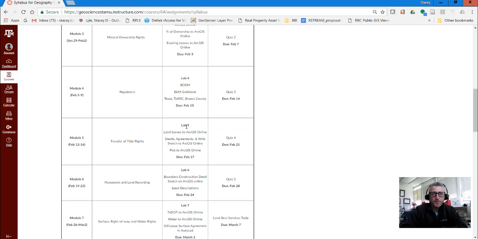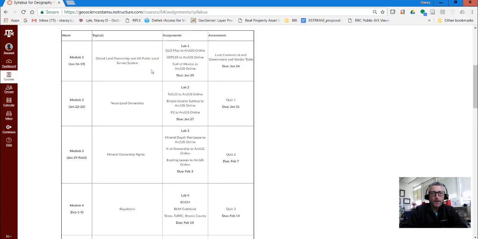Now, throughout the labs, we'll have some labs that will be building on a lot of these portions, and we'll have a lot of reading that we have to do in this course. And as we go through the reading and assessments, we're going to maybe build some land commercial government vendor table. Where's all the data that's out there?